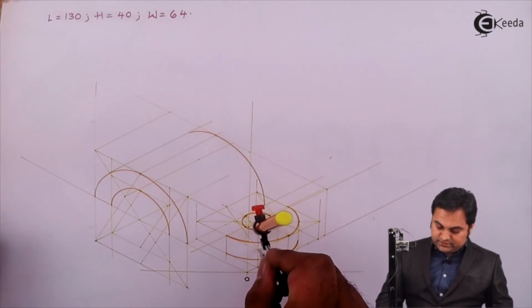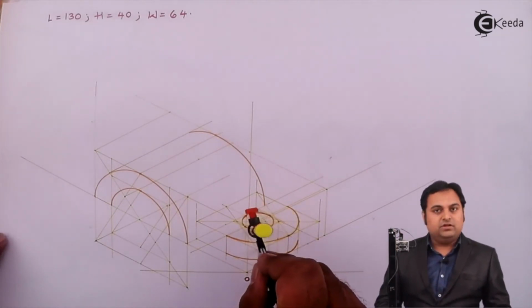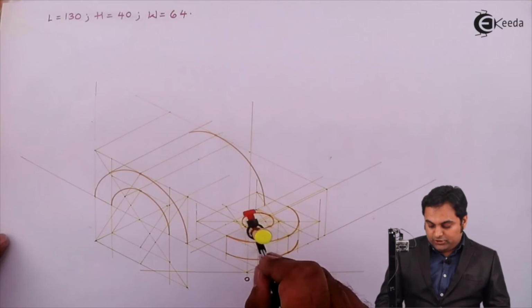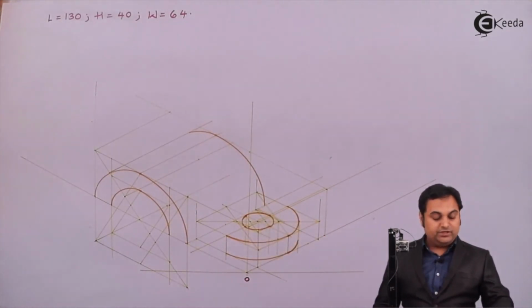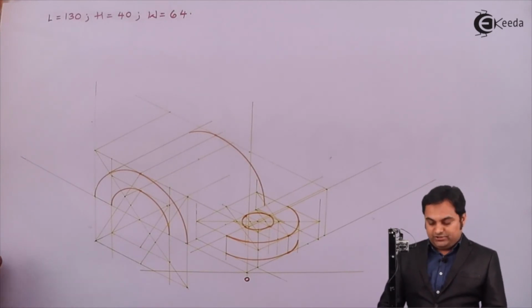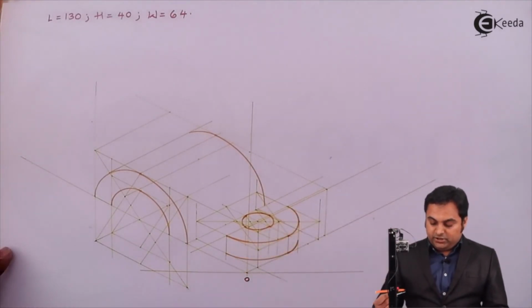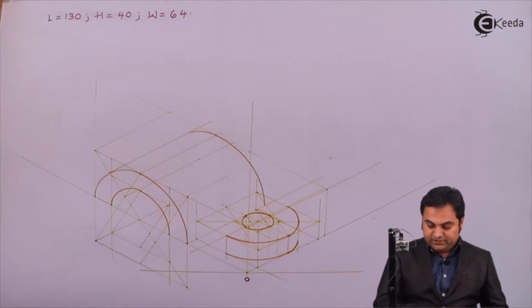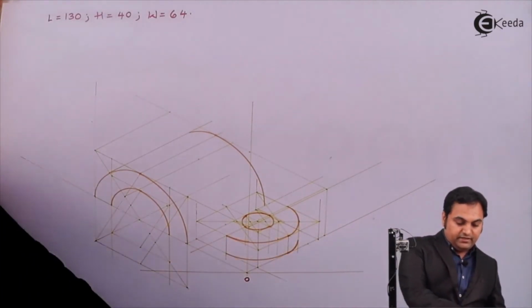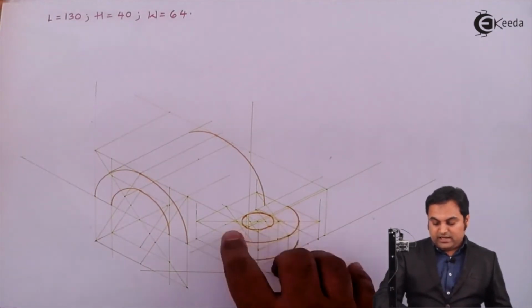Now this arc would be coming inside the circle, so it won't be drawn here because it is intersecting, and intersections are not shown in isometric projections, or we cannot draw any hidden part, so we'll leave it as it is. Now once I have completed up till here, I'll go on making these arcs dark.